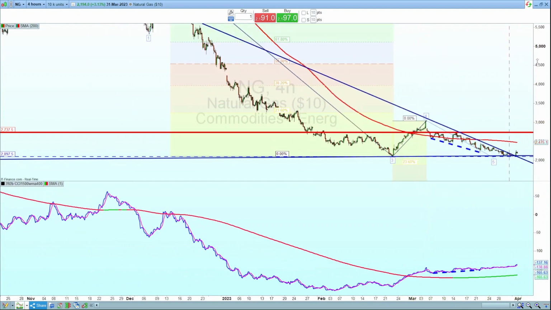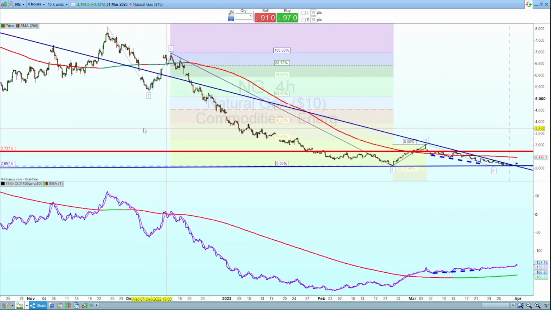But to understand where it might be going, I've drawn here an Elliott wave count to the downside. So again, just 1, 2, and a third wave down, and then a very minor fourth wave up. Now, as I say always in my videos, for the fourth wave to be more valid, it needs to go as high as almost the 30 to 40%, which happens to be around that area.